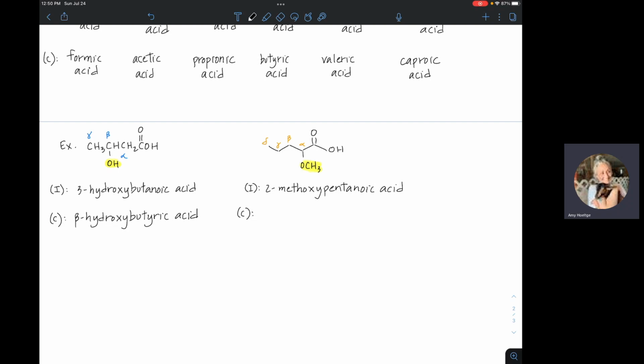We can do some pretty cool chemistry at the alpha carbon. It's pretty special. So the common name would be alpha-methoxy, and there are 5 carbons, so that is a valeric acid. Cool.